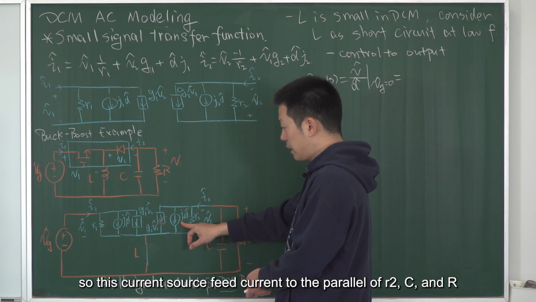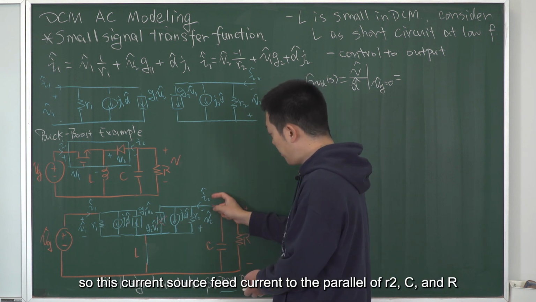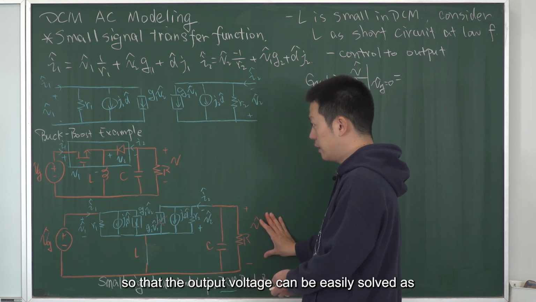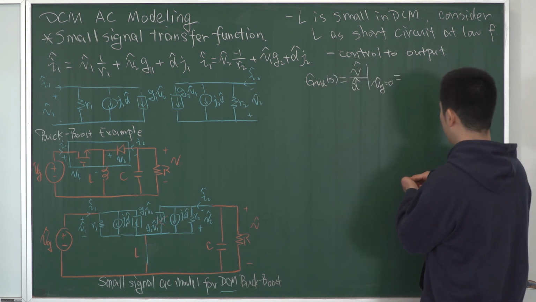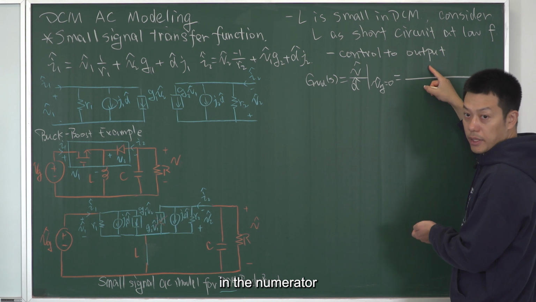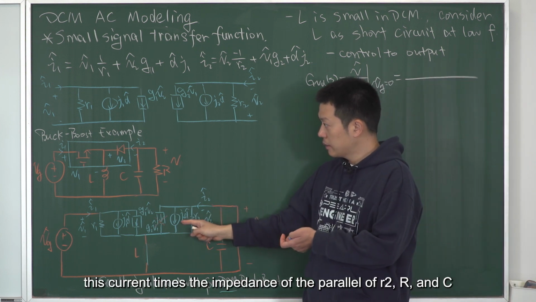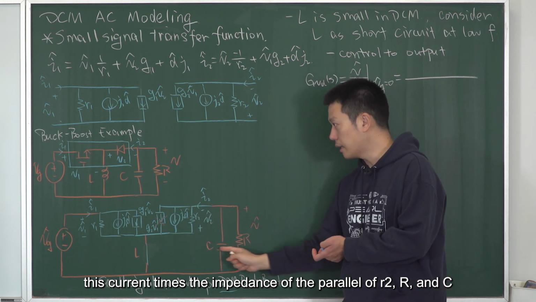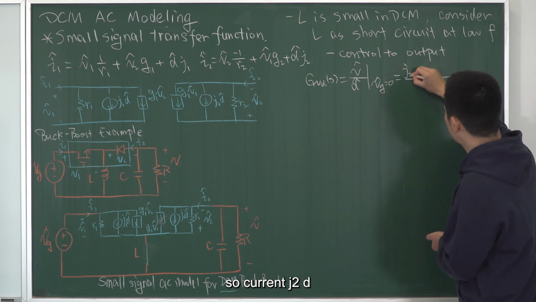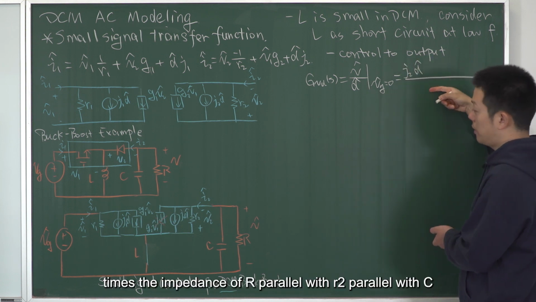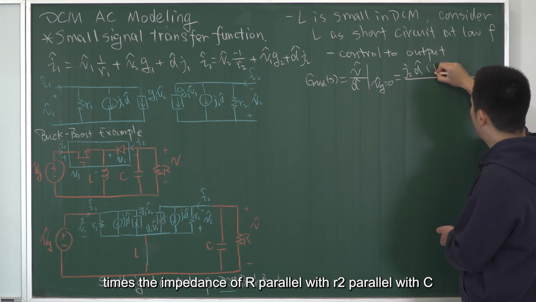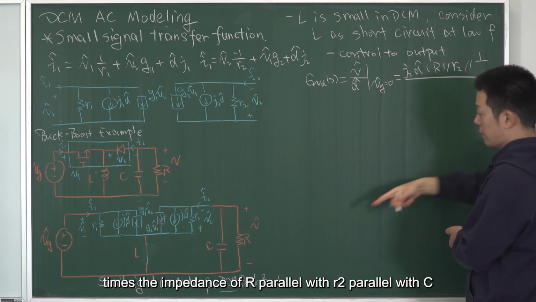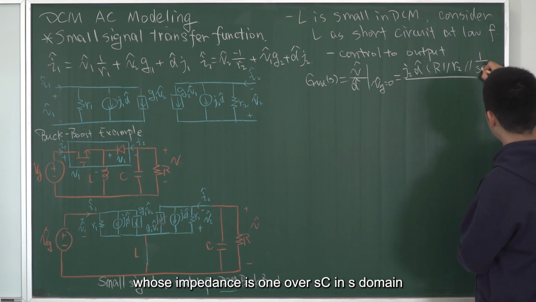This current source feeds current to the parallel of R2, C, and R, so that the output voltage can be easily solved as, in the numerator, this current J2D times the impedance of R parallel with R2 parallel with C, whose impedance is 1 over SC in S domain.